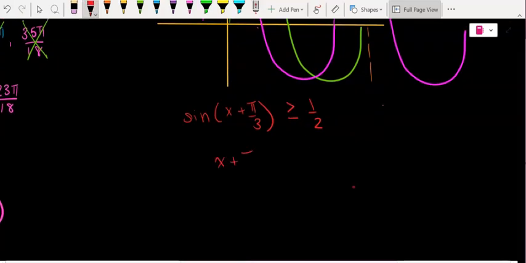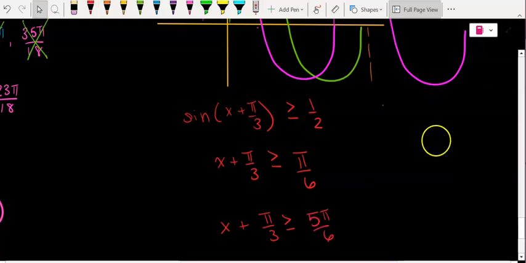So now I have x plus pi over 3 is greater than or equal to the inverse sine of 1/2, which I already said was going to be pi over 6, and our other one would be 5 pi over 6, right? Well, we already know based off of what I just drew that pi over 6 isn't going to work for us. So we've got 5 pi over 6 that will work.